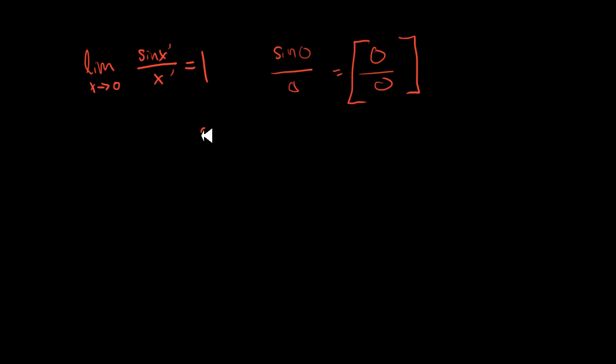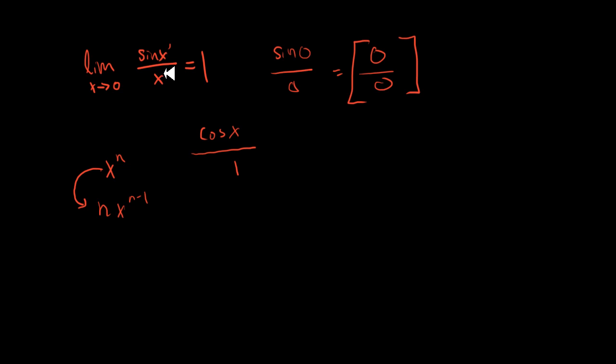So it would be cosine x, because sine x becomes cosine x if we derive it, and x becomes 1, because the derivative of x to the power of n equals n times x to the n minus 1.